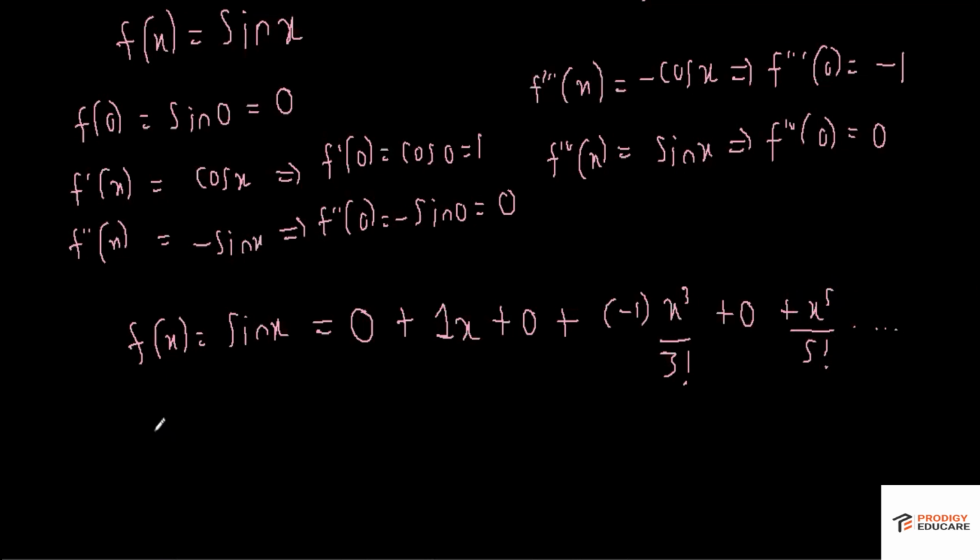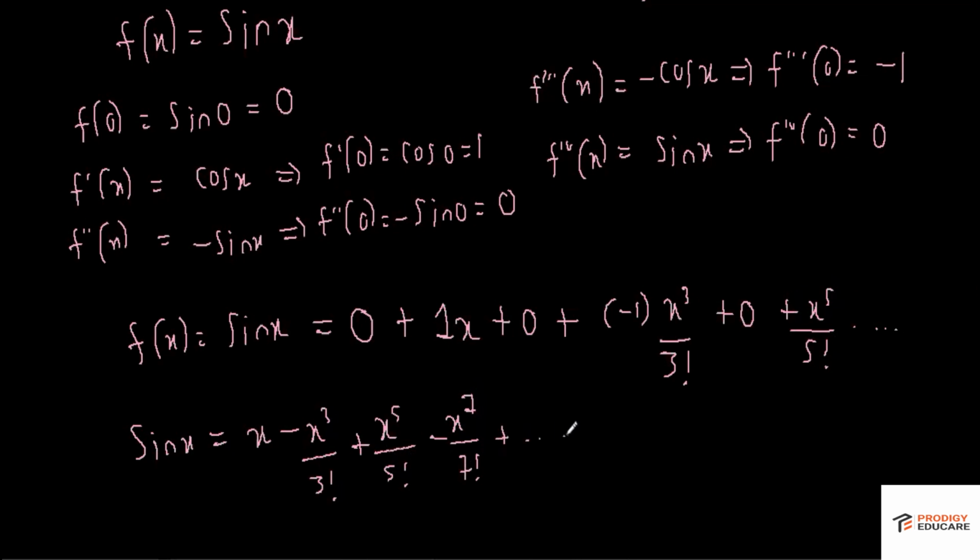So if you see the pattern, this is the Maclaurin's series of sine function. So sine x is given by x, then I have minus x cube by 3 factorial, then I have plus x raised to 5 by 5 factorial, then I have minus x raised to 7 by 7 factorial, and so on. This series will continue on and on for infinite.